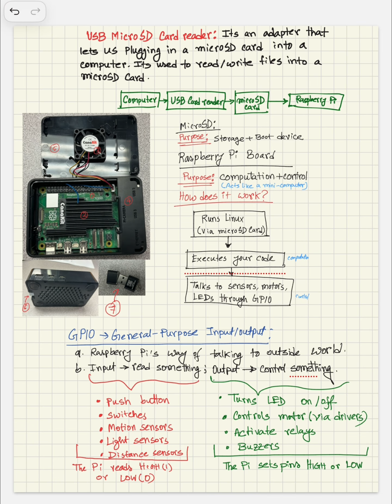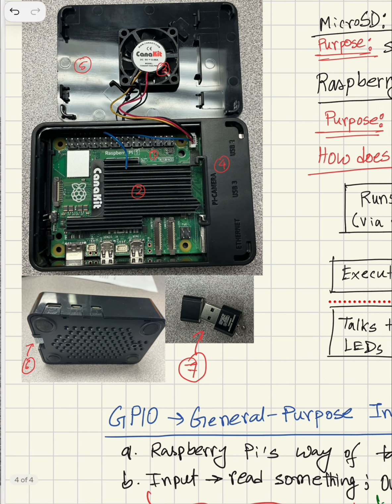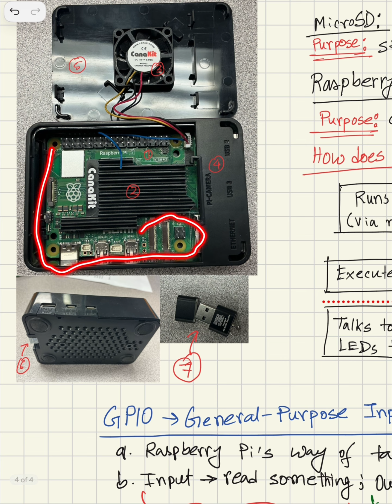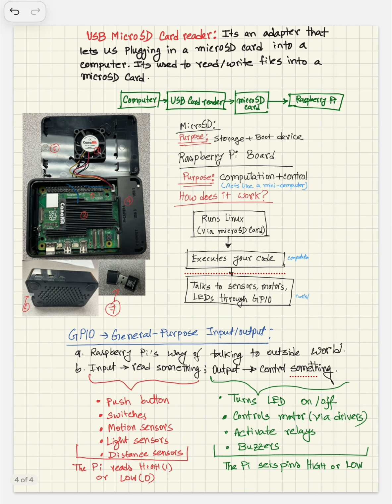So to summarize, we have this board, which is nothing but a mini computer. It computes and also it controls. The purpose of computing is nothing but to control. To control what? Some hardware. Those hardware, as I provided some examples, could be this or anything.